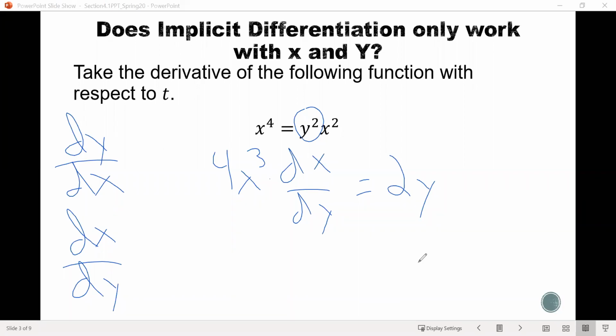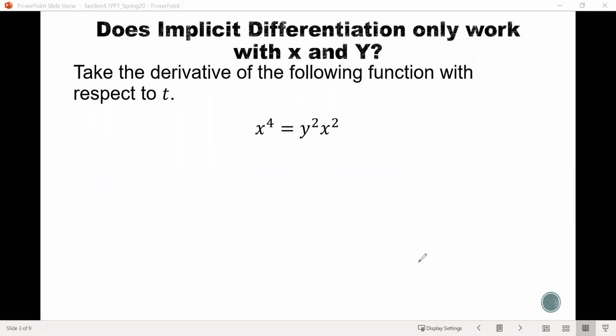Okay, but we don't have to stop there. So notice here the directions say take the derivative of the following function with respect to t. Now notice there are no t's here in the function, right? So what we're going to do is assume, because we don't see t here, that both x and y are implicit functions of t, which means there are some formulas out there.